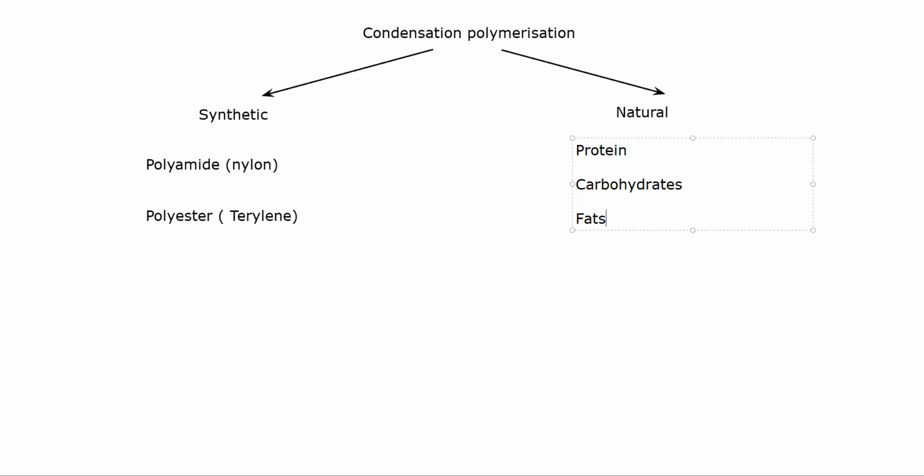So first we start with protein, formation of a protein. For formation of the protein, what are the monomers? Amino acids.